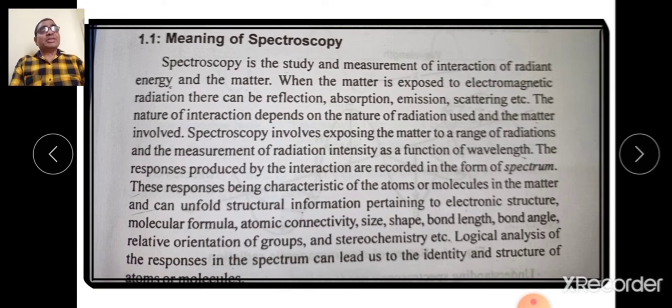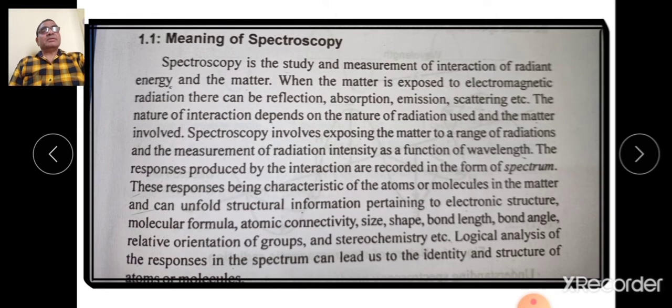These responses produced by the interactions are recorded in the form of a spectrum. These responses can give information about electronic structure, molecular formula of the molecule, atomic connectivity, size and shape, relative orientation of the groups, and stereochemistry.